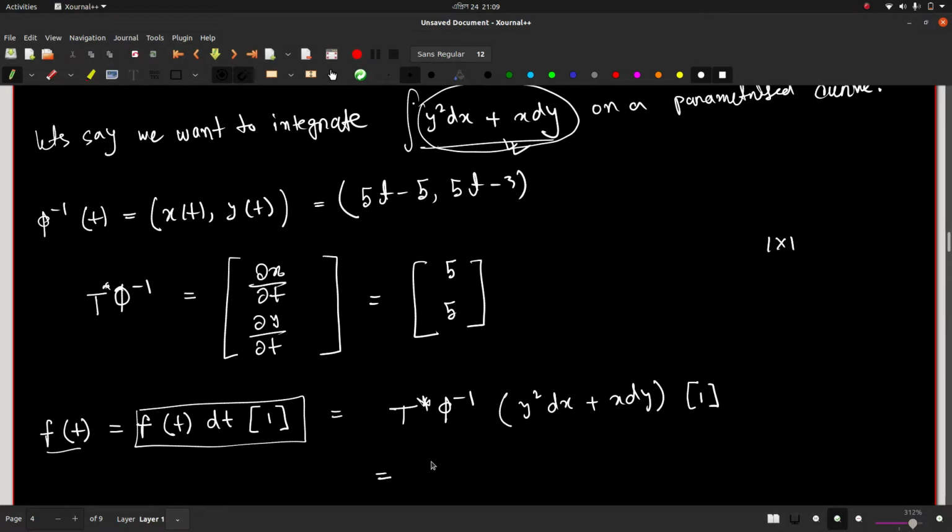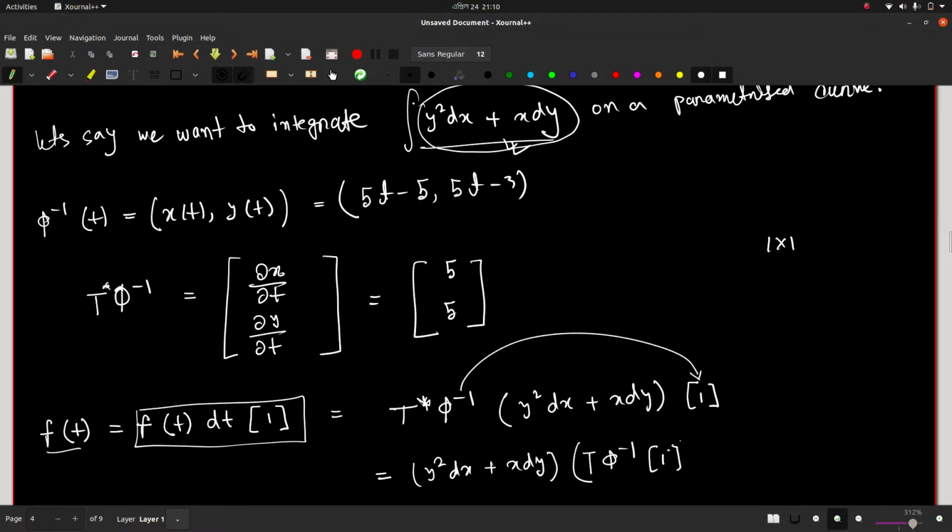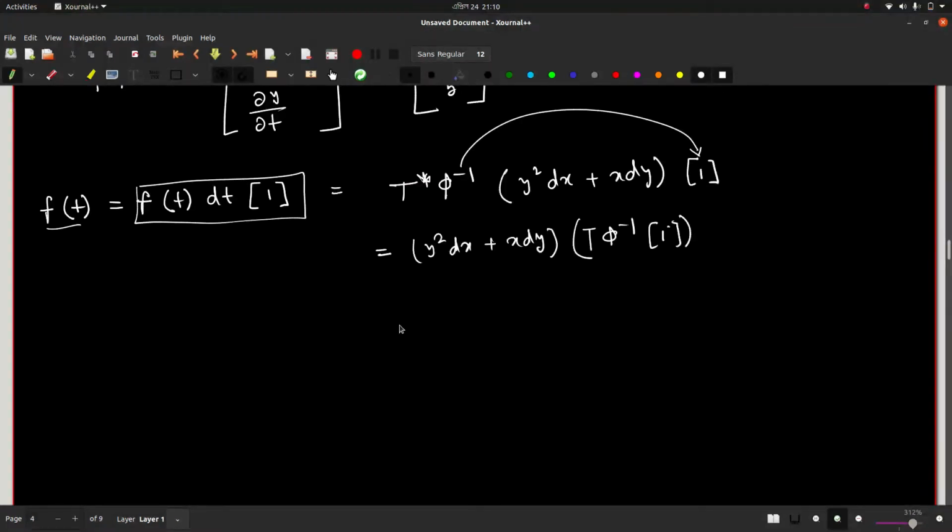Then from here, what we can do is write it as y squared dx plus x dy, and this mapping will go over here and it will act as d phi inverse 1 of 1, which should give me the following column vector.